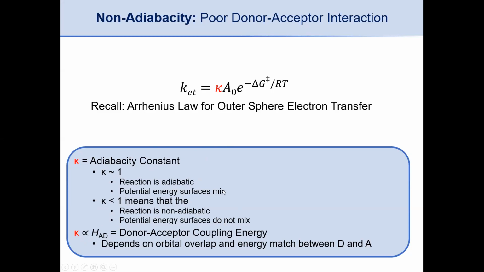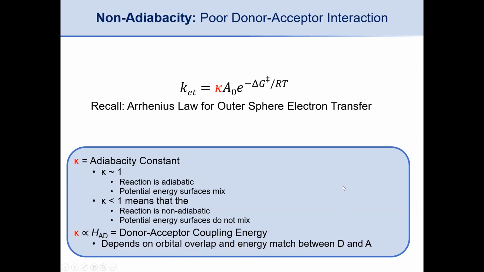So the second point is kappa. We can use kappa as a proxy for the donor-acceptor coupling energy, and this donor-acceptor coupling energy is going to depend on the amount of orbital overlap and the energy matching between the donor and acceptor compounds.